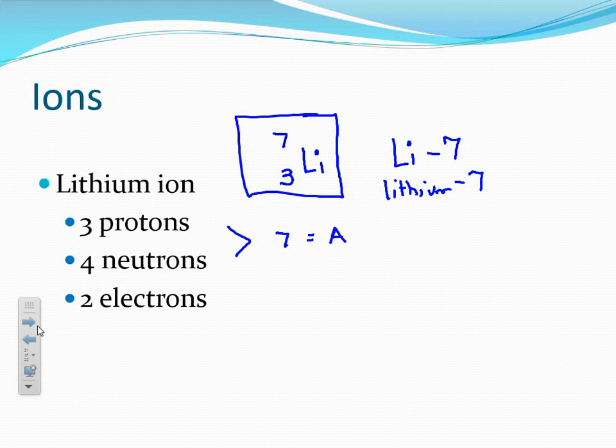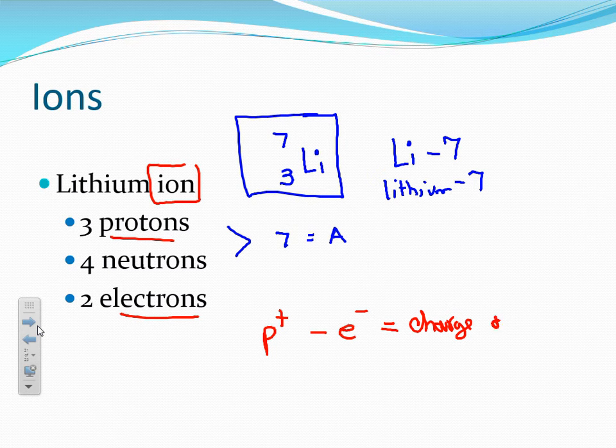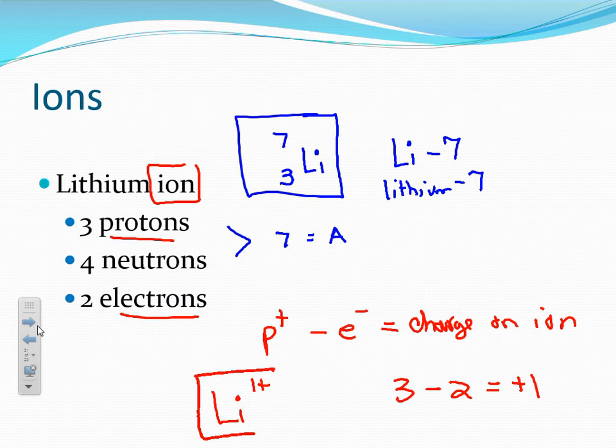For the charge on the ion, you need to look at the protons and the electrons. Take your protons minus your electrons, and that will give you your charge on the ion. So we have 3 protons minus 2 electrons, we get a +1 charge, and we would write that Li 1 plus. And this would be the ion.